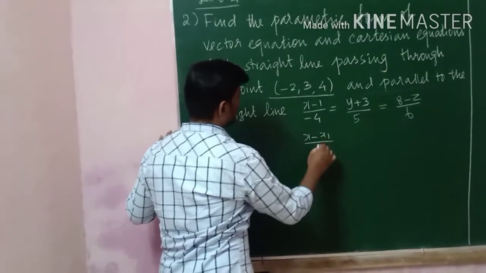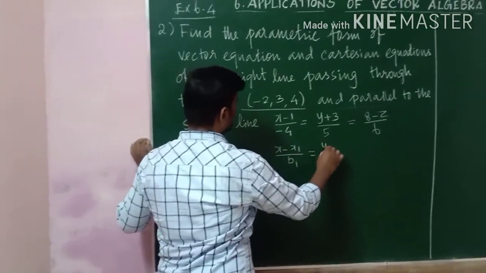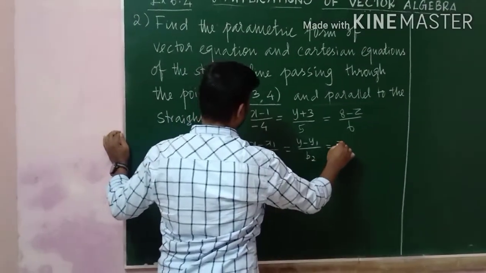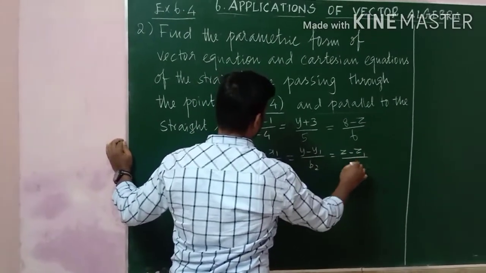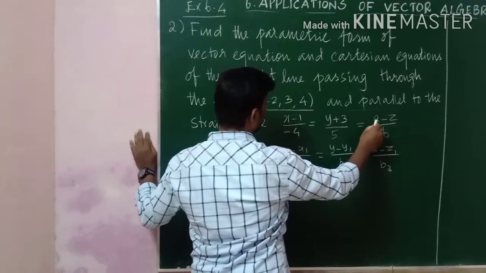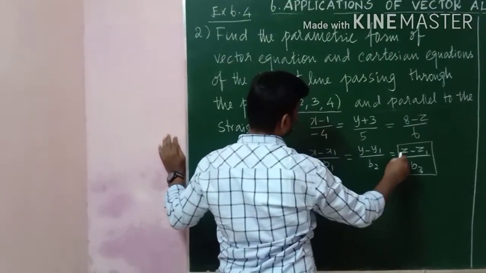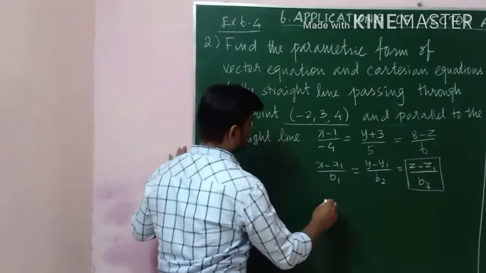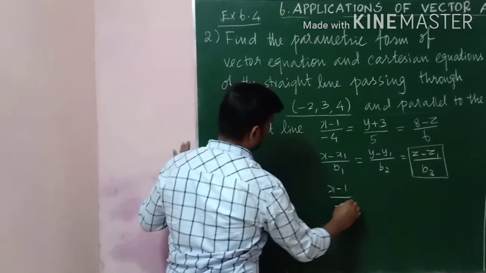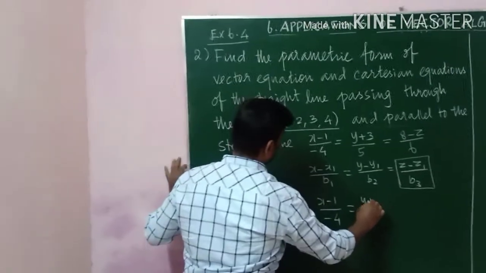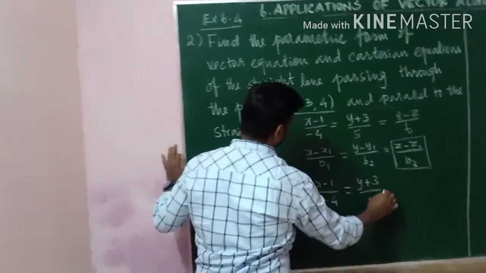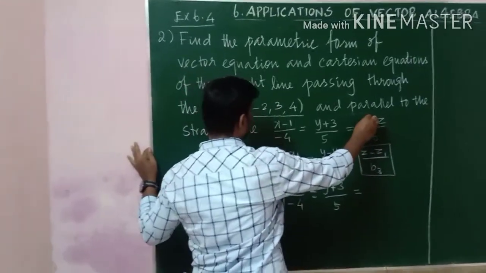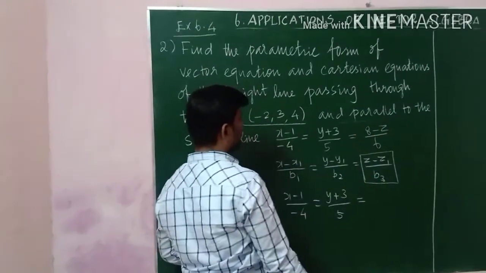x minus x1 by b1 is equal to y minus y1 by b2 is equal to z minus z1 by b3. Here the third one is 8 minus z by 6. We have to bring it into the form of z minus z1. So take this third one and multiply the numerator by minus 1 and the denominator by minus 1.